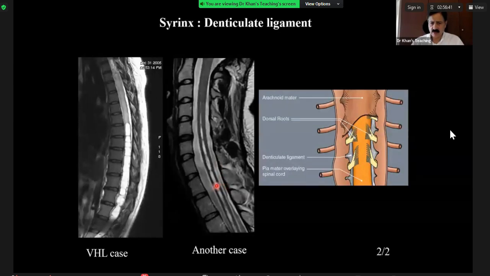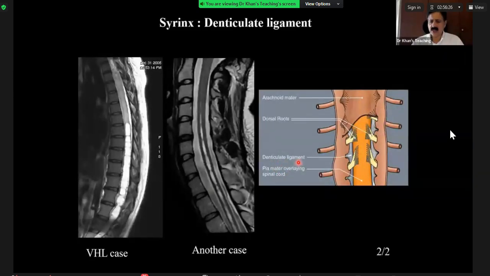And this is, for example, another case. You can see this shelf-like opacity here, another one, another one, another one. If you go back to the anatomy, actually what is happening is that these are denticulate ligaments.